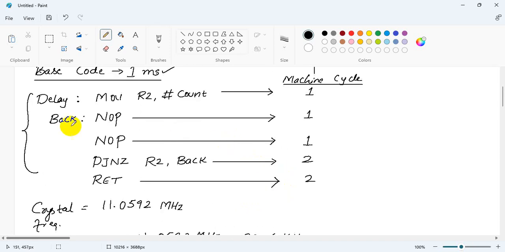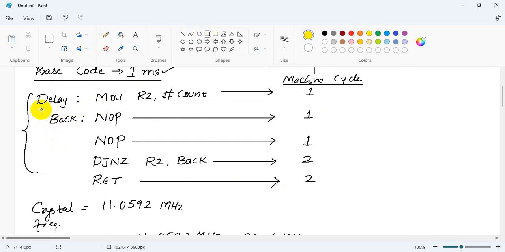Now we need to calculate the value to be loaded here so that this generates a delay of 1 millisecond. For that, first we need to calculate the time taken by this back loop. This is the inner loop.